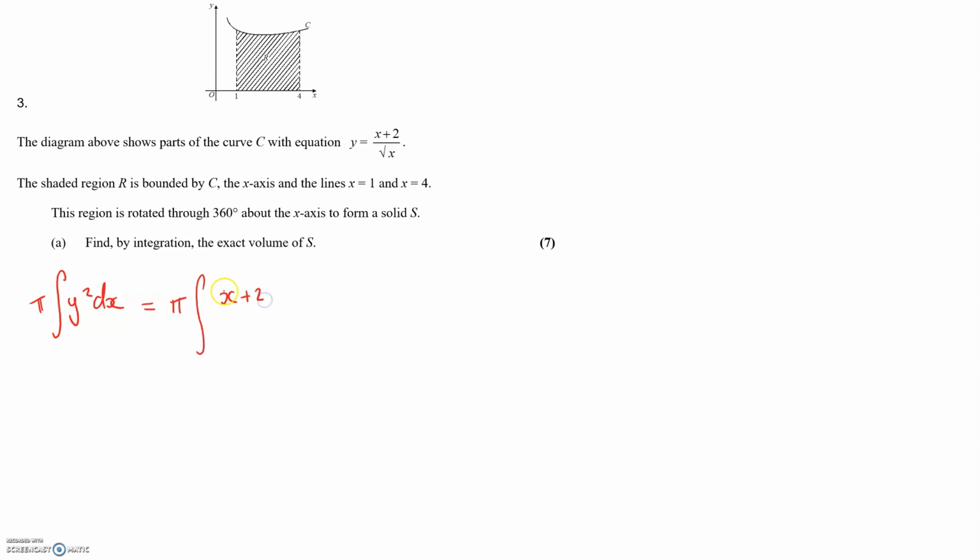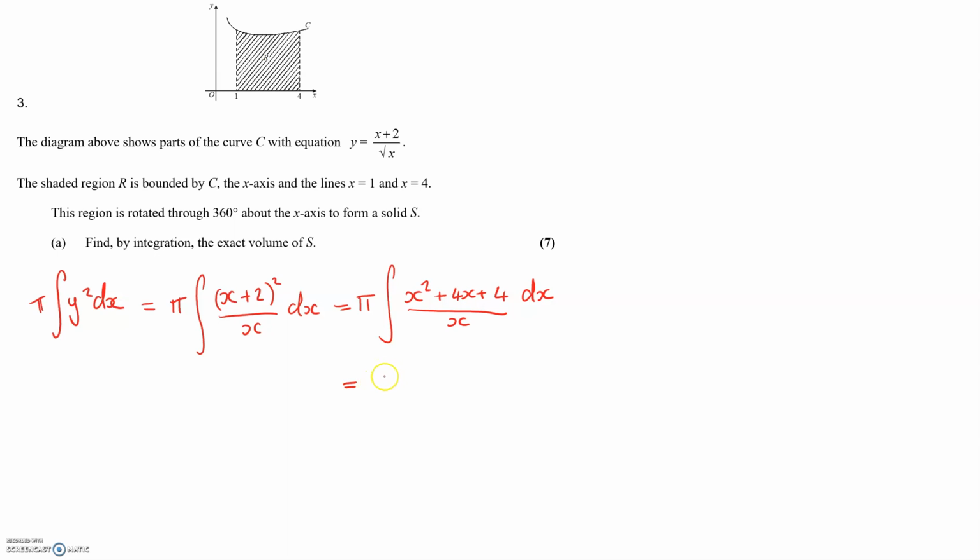Pi integral of (x plus 2) all squared over x dx, which should be integrated probably most effectively by expanding the numerator and cancelling each term with x on the denominator where possible. This will then produce for us 3 separate integrals to handle.